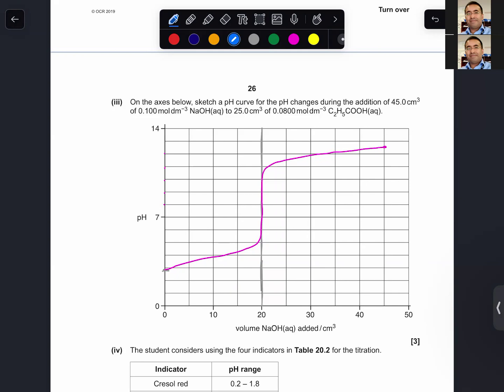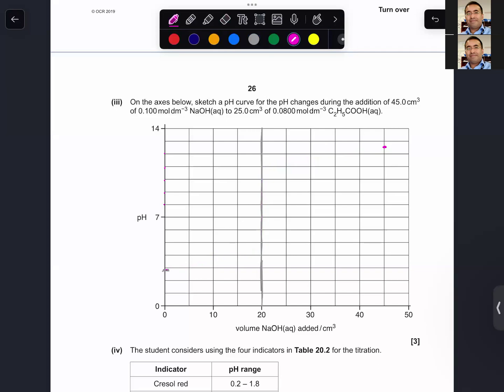So this is worth 3 points for this curve. Where are those 3 points? Let's have a look. 1 mark for a slight rise. Actually, my graph should have been a little bit flat.